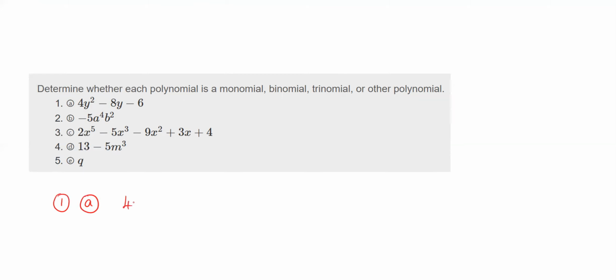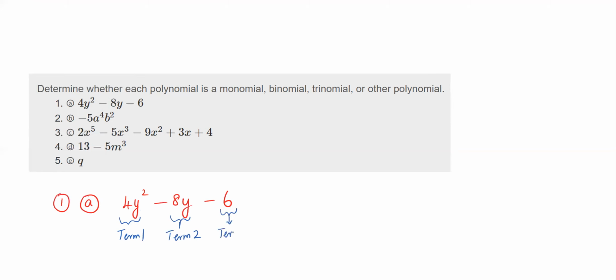So 4y squared minus 8y minus 6. Right. This is a term. I'll just say term 1. Then there is a minus, so that separates it from the next term. It should either be a minus or a plus. We have a minus. That's term 2. Again, we have a minus that separates it.